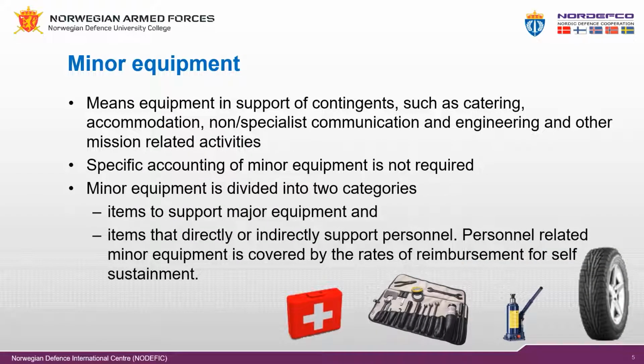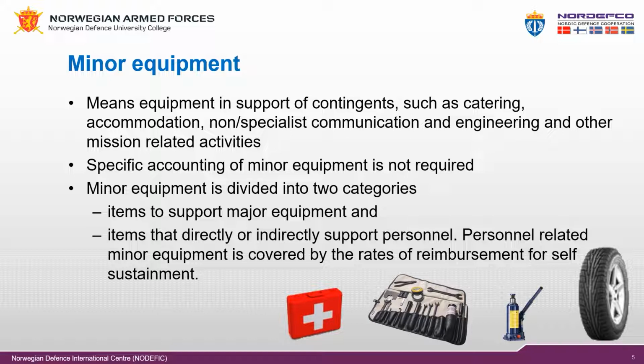The CE Manual defines minor equipment as equipment that is used to support a unit, such as catering, accommodation, non-specialist communication, engineering, and other mission-related activities. Specific accounting of minor equipment is not required.